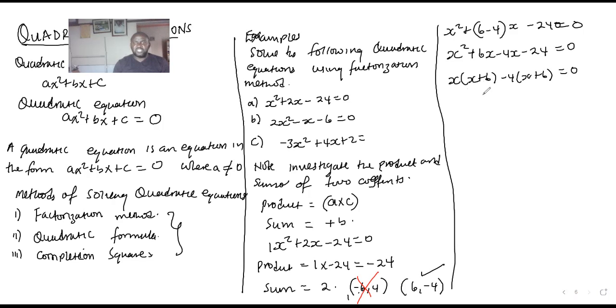With this method, you don't need a calculator. You'll have x minus 4 bracket of x plus 6 is 0. Either x minus 4 is 0 or x plus 6 is 0, confirming x1 as 4 and x2 as -6 as our answers.